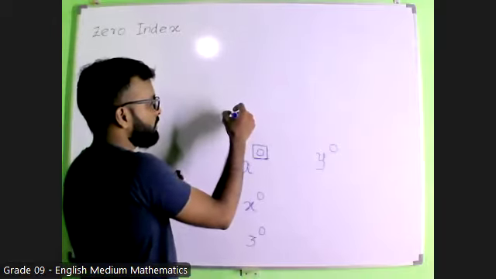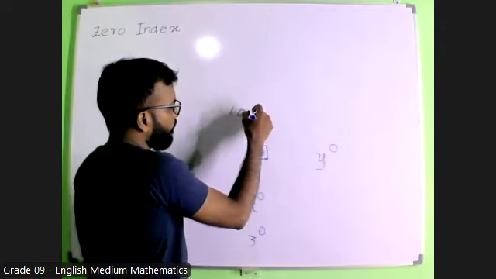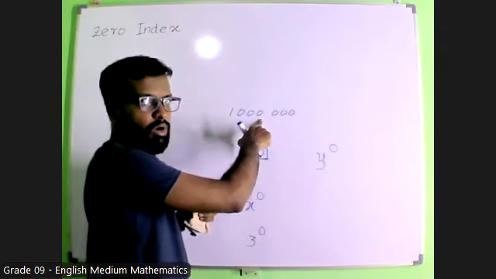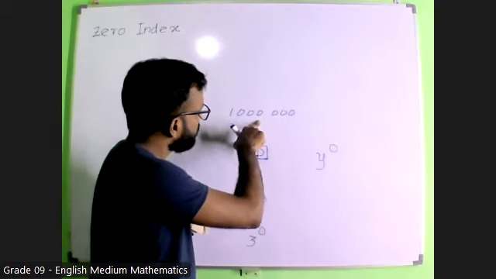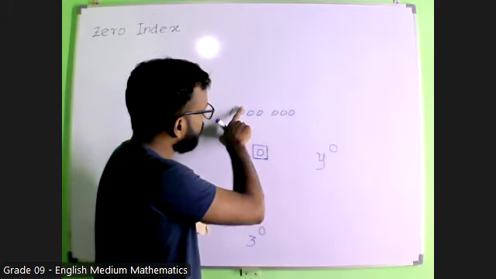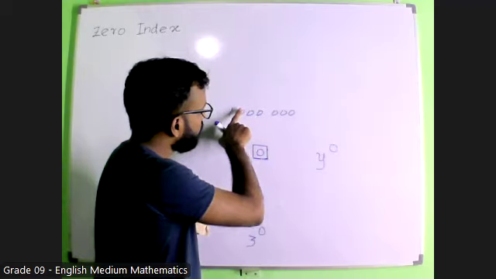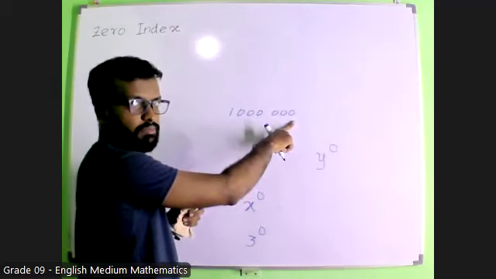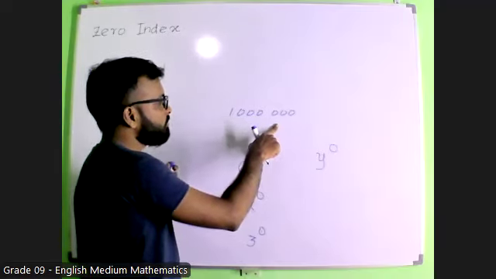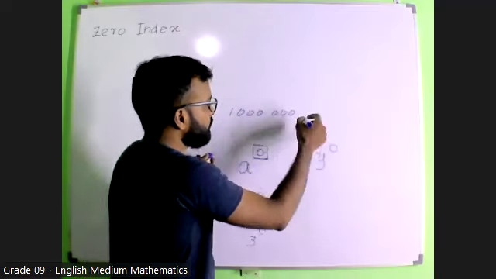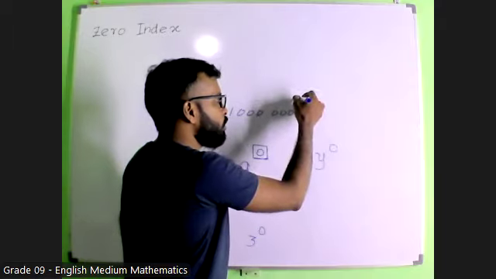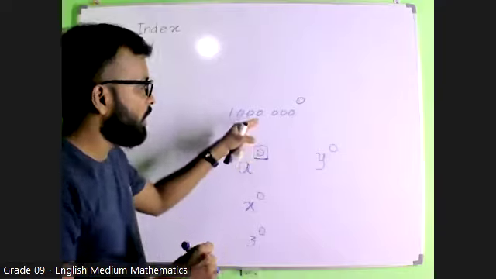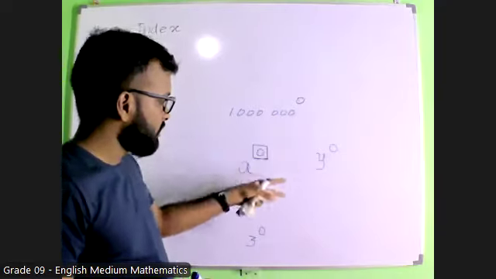Let's say something like this. 10,000. So 10,000 to the power 0. We are going to take the answer for this.